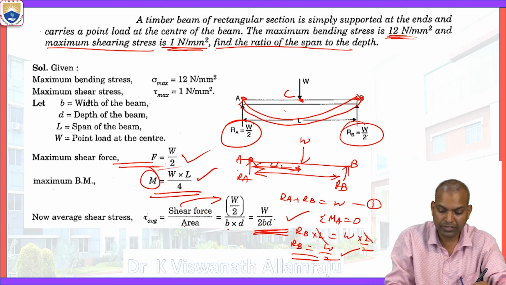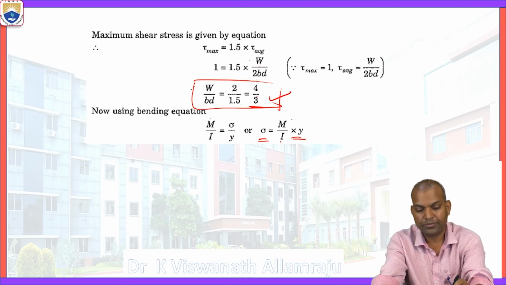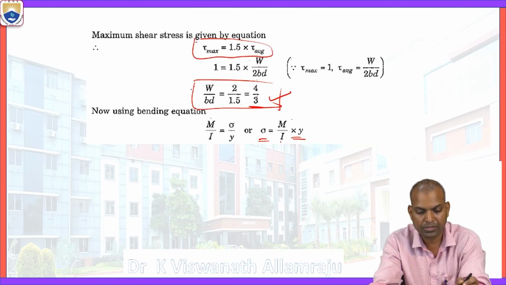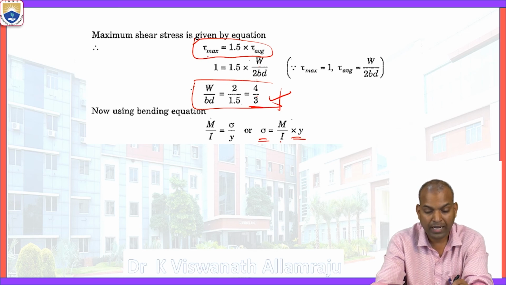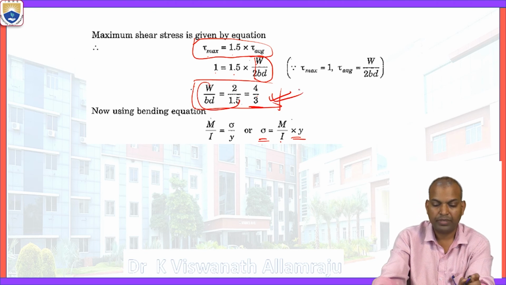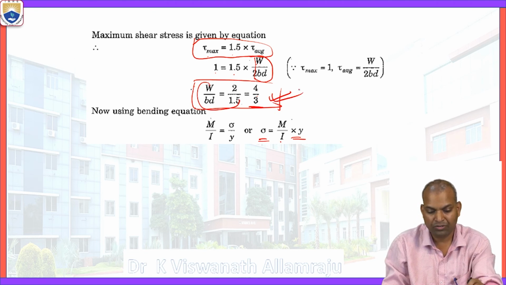Now after solving this, tau average, we know the relation between average shear stress and maximum shear stress. So the maximum shear stress equals 1.5 times the average shear stress. Now the maximum shear stress value is given here as 1.5 times. What is the average shear stress? W by 2BD. From that we know the relation W by BD. Why do we want it? Because it will be useful in calculation.